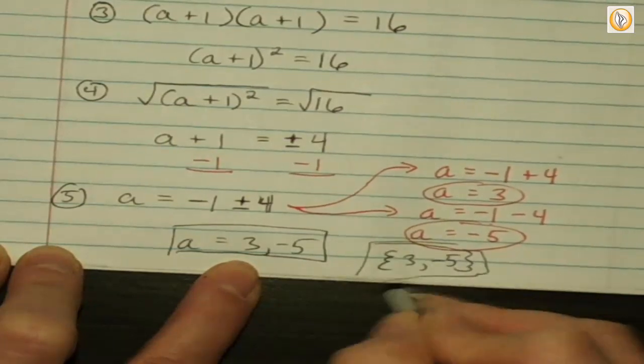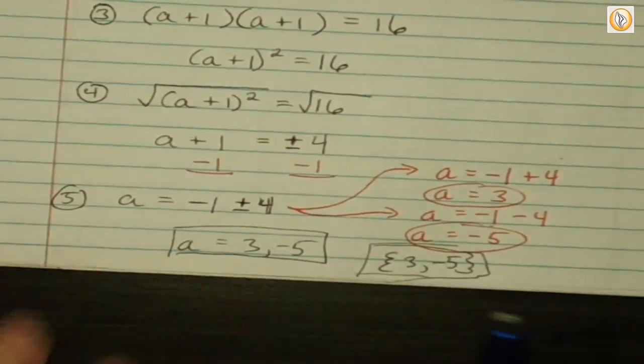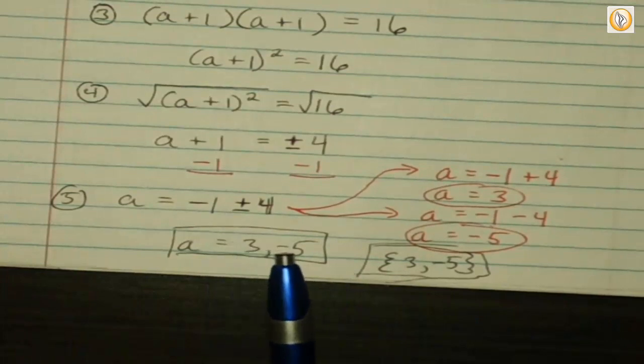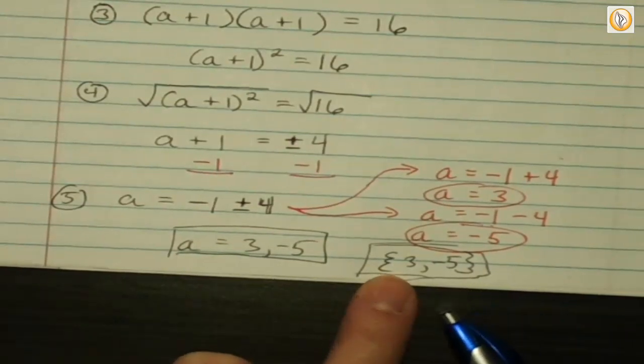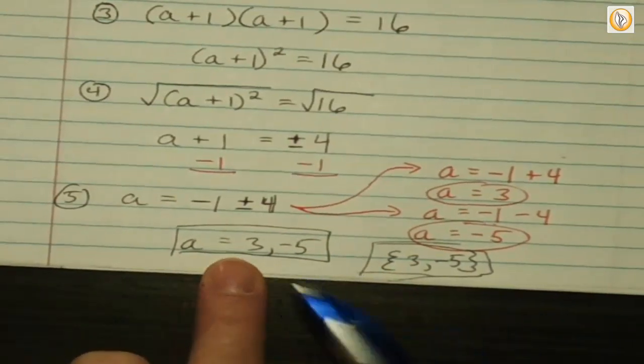I spent all night last night again looking to find out why sometimes there are no squigglies and why sometimes there are. The difference is the words solution set. If it says find the solution set, you should always have the squigglies. If it doesn't, then you don't have to.